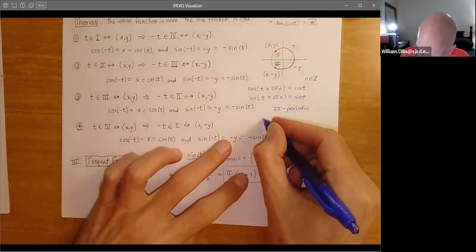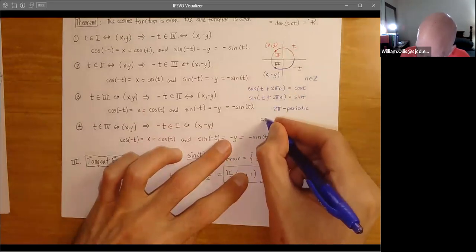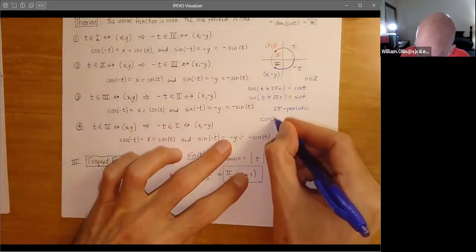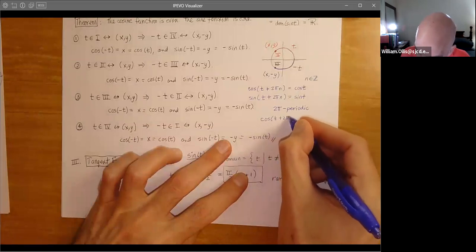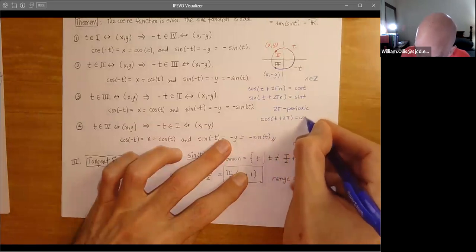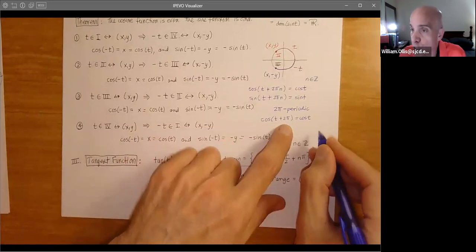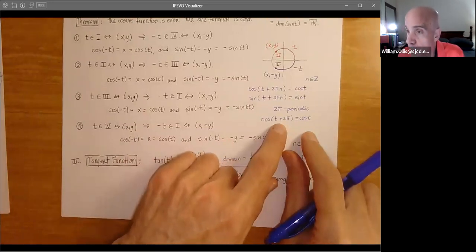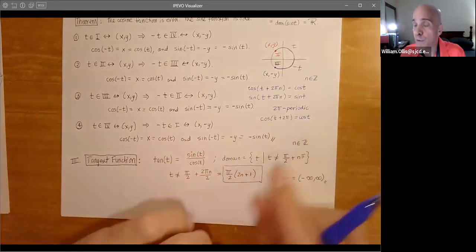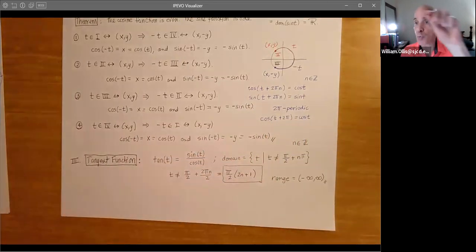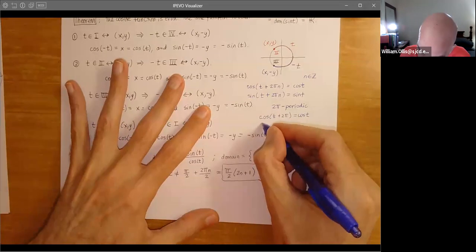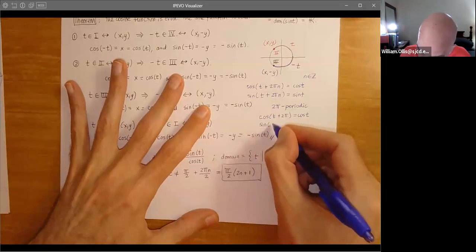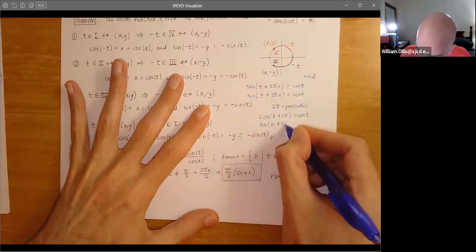So we just say, if we take all the n's away, cosine of t plus 2 pi equals cosine of t. And 2 pi is the smallest positive real number that accomplishes this. And then, of course, if you add any multiple of 2 pi, you're just wrapping around the unit circle and accomplishing nothing. You end up at the same point.